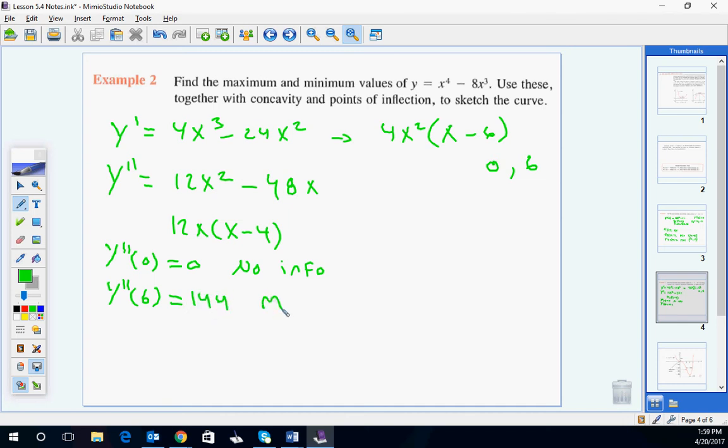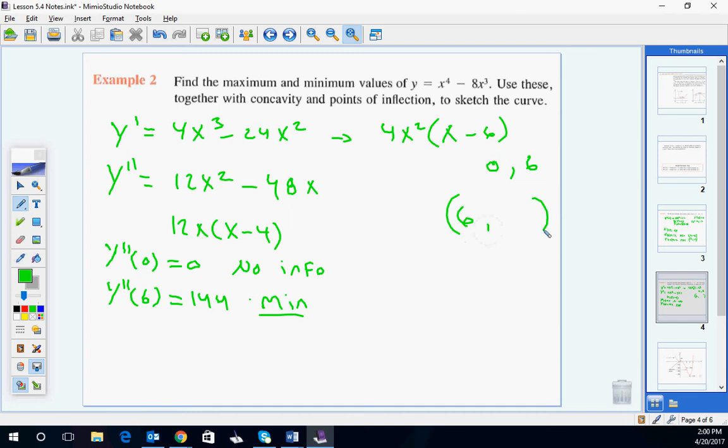So that means a min, right? So we get a min at 6. Okay, so we can get that point if we want. I'll save that for later just because that's kind of bigger numbers I don't want to deal with right now. So we know we have a min at 6 something. I'll do that in a second.